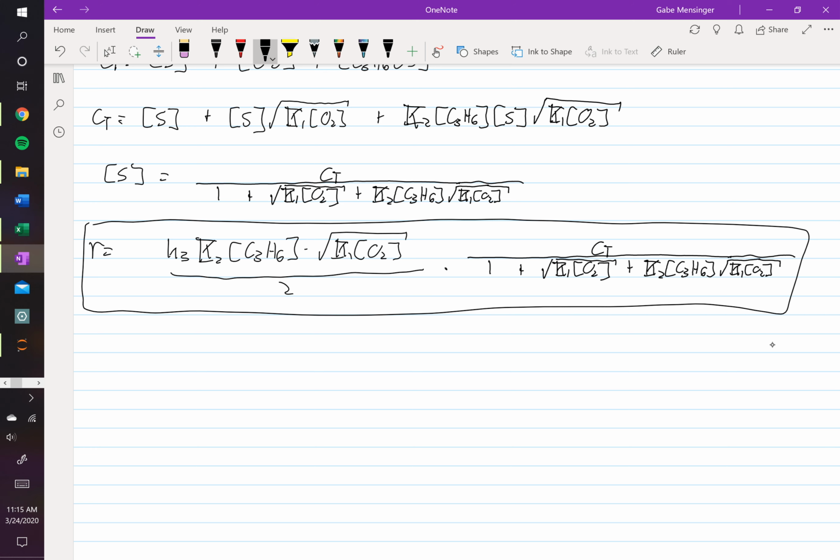And let me just check to make sure I did that right. I think I did. Great. Perfect. That's your expression for part B. And there really isn't a way of simplifying that. Sorry, that's what you end up with.